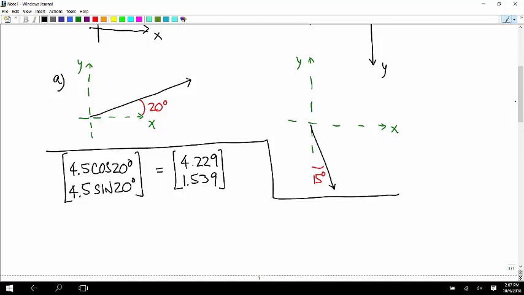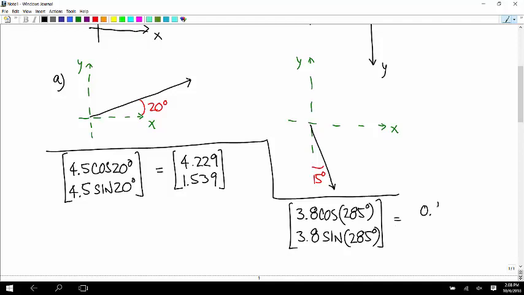So the angles can be 285 or negative 75. To calculate that, it's the length, 3.8, times the cosine of 285, and 3.8 times the sine of 285. And for that one, you get 0.984, negative 3.671.